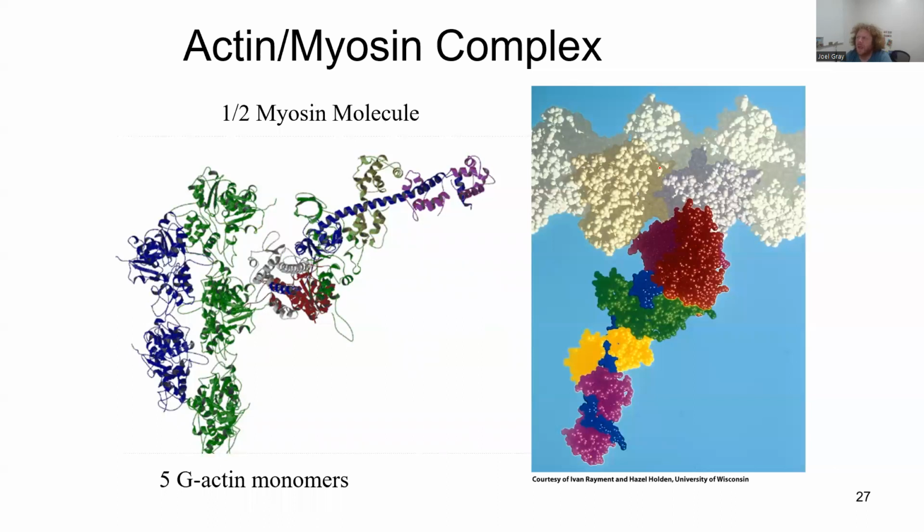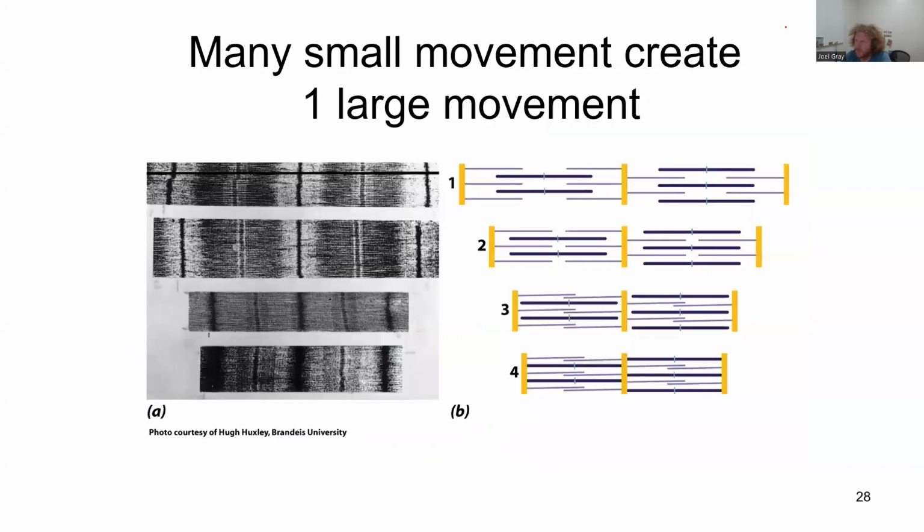Peculiar. So the actin and myosin complex, which is going to be present in the A band, is going to have many, many small movements create a very gross large movement. What we're seeing is, I think, best represented in this great sequence of pictures.